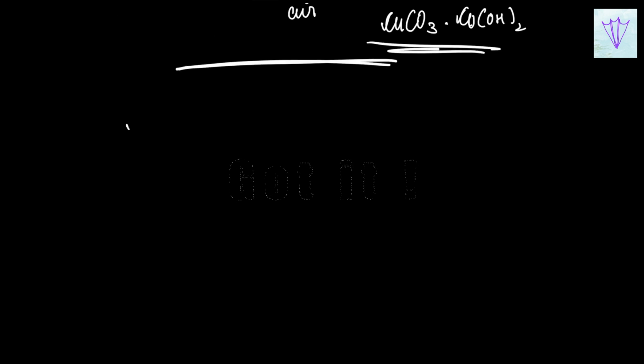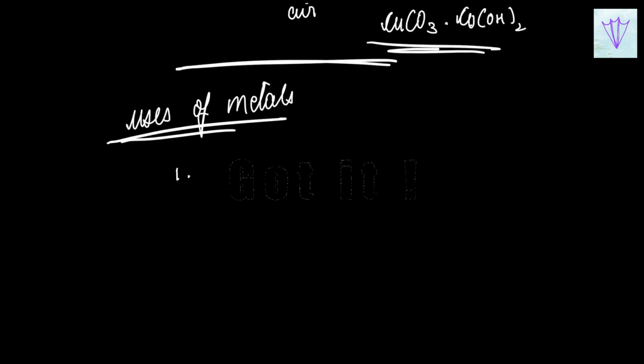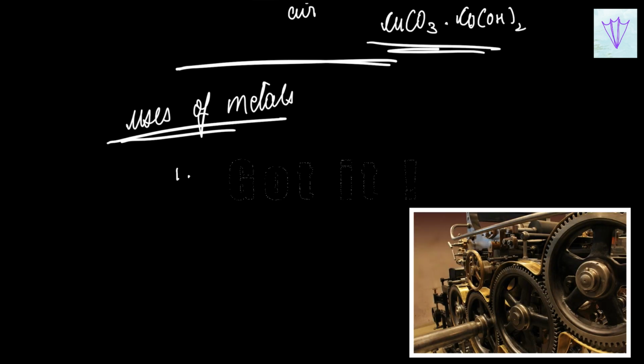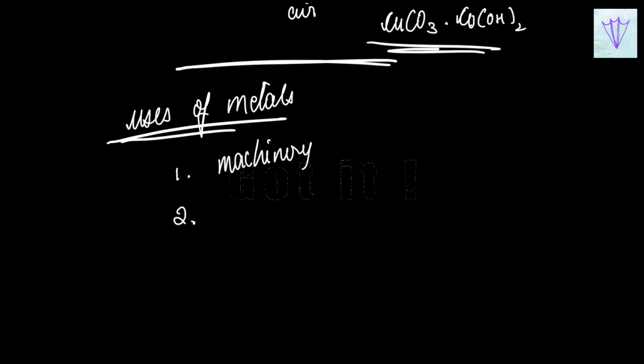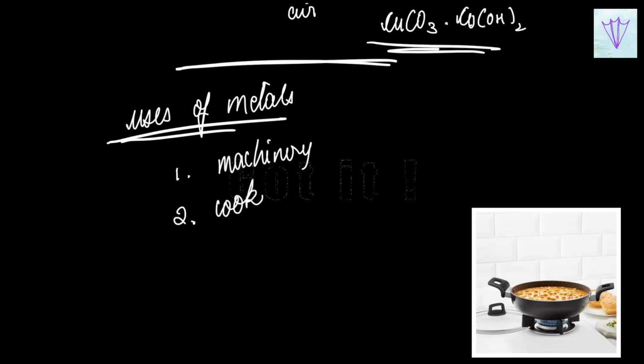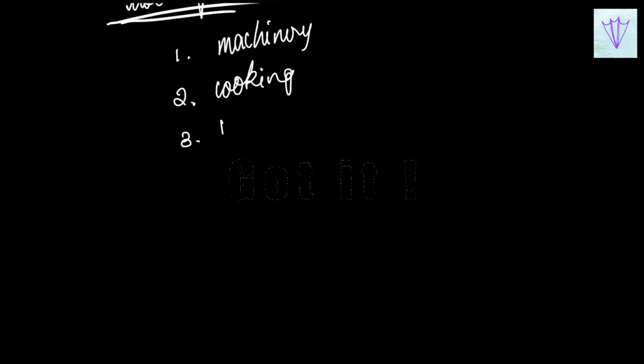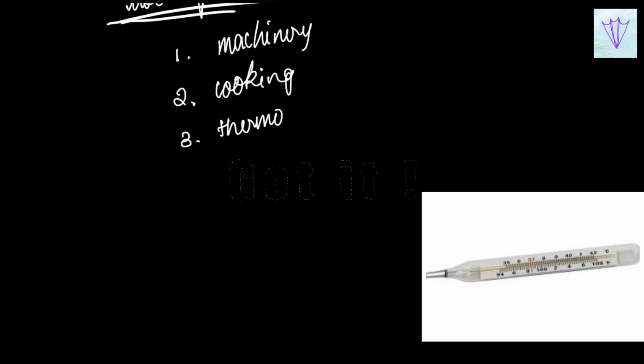Now we'll understand the uses of metals. First, metals like iron are used in machinery. Second, metals like aluminium are used in cooking utensils, wrapping food, etc. Third, mercury is used in thermometers.